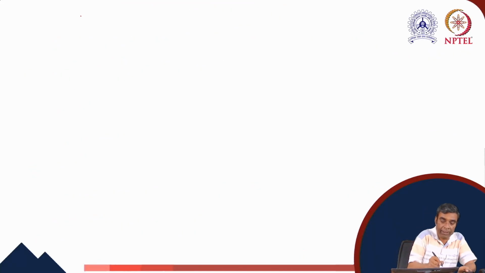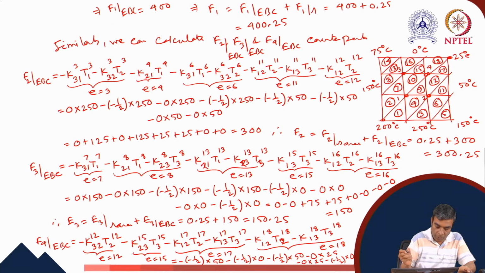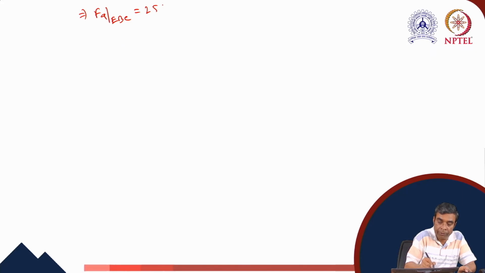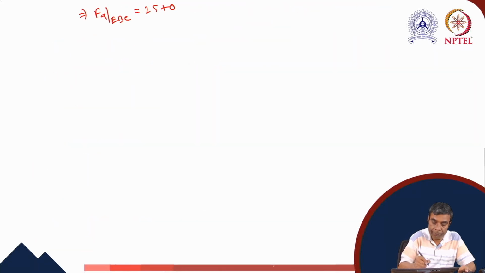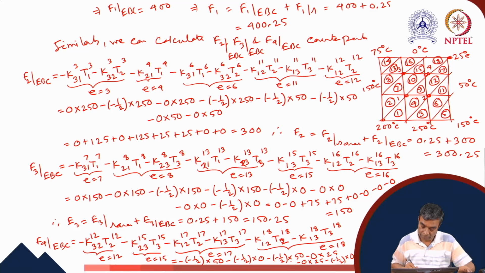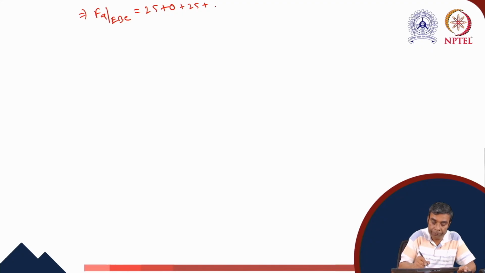So this gives us F4 EBC equals to, the first portion is 25 plus 0, 25 plus 0 plus 25 plus 0 plus 0 plus 0.